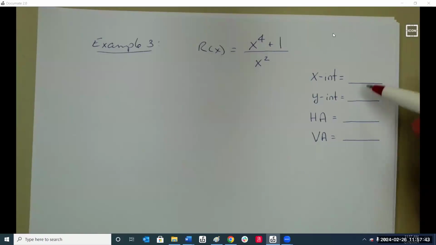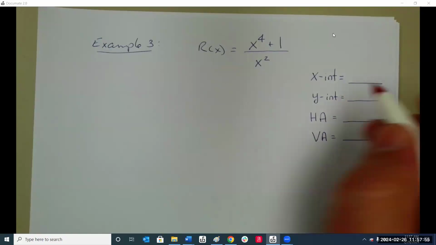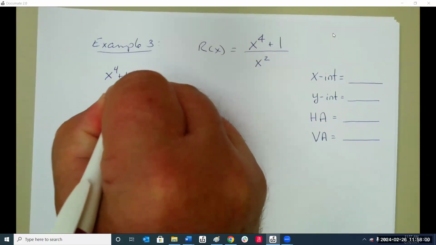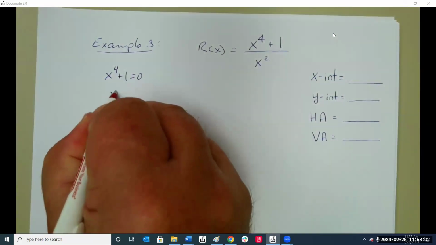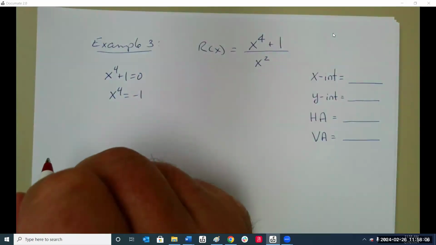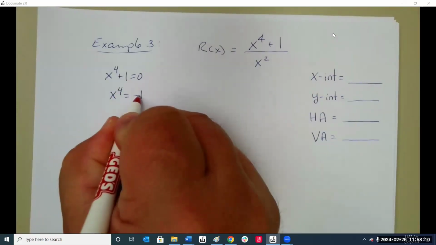Let's first answer these 4 questions here. X-intercepts. None? How do we find the x-intercepts? Okay, so let's set x to the 4th plus 1 equals 0. Won't have any because it's an even root, cannot equal negative.